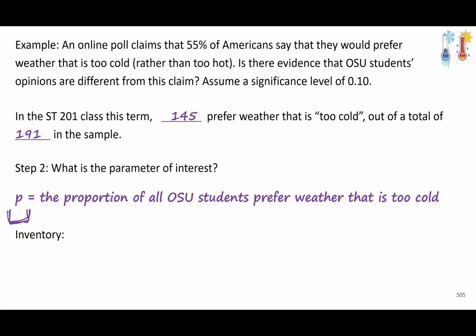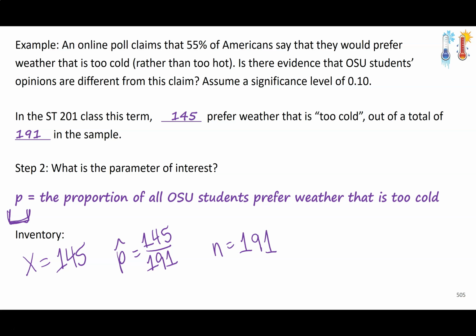So inventory, this should look very, very similar. X, that's my number of successes. It's just that 145. My P hat is that 145 over 191. And my sample size is 191.